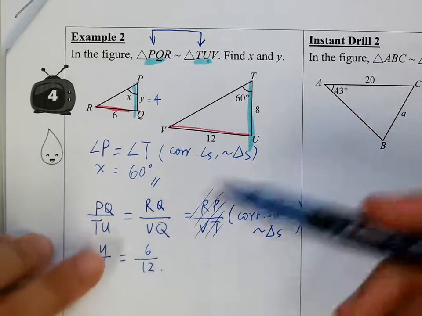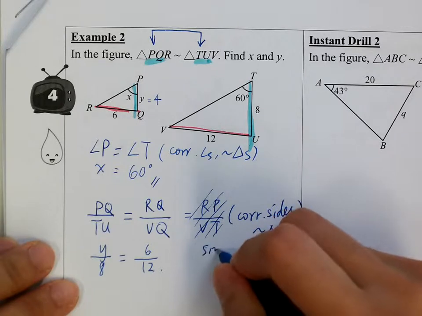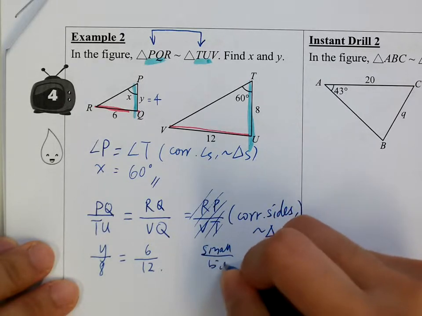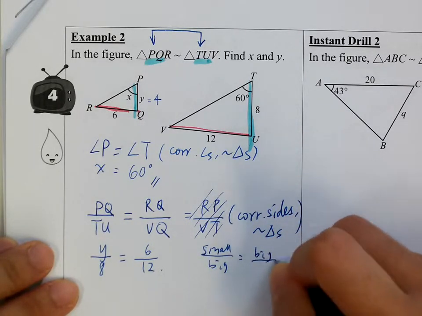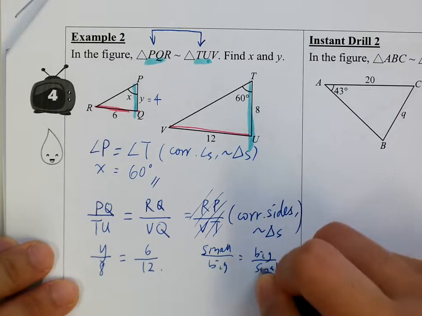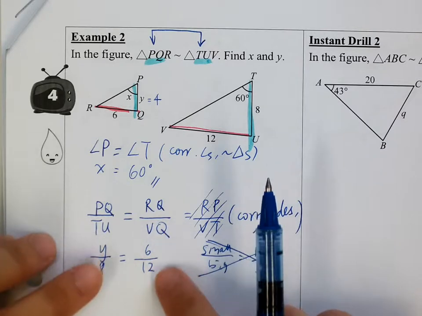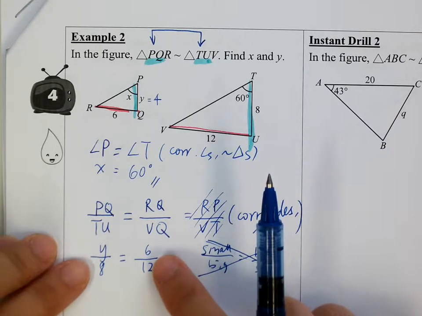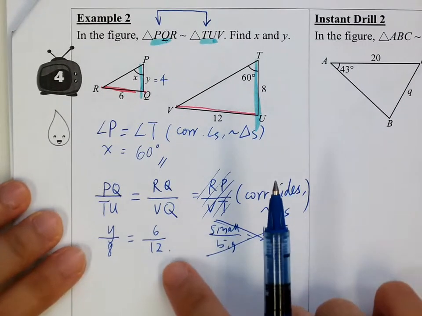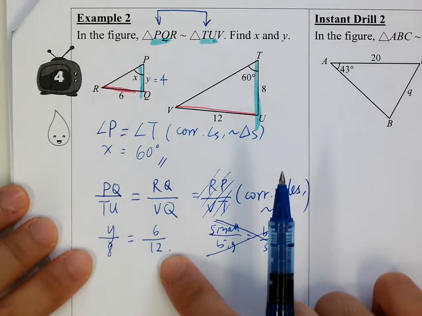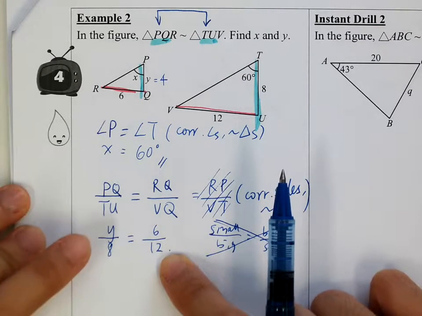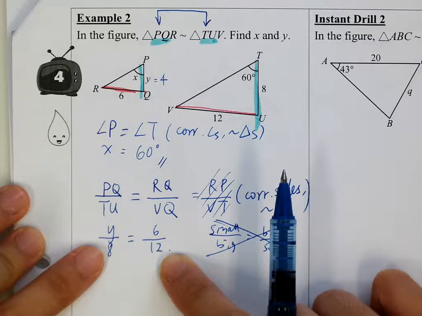So you cannot have something like small over big equals big over small. Make sure that you are matching the correct sizes and the correct pairs of corresponding sides.